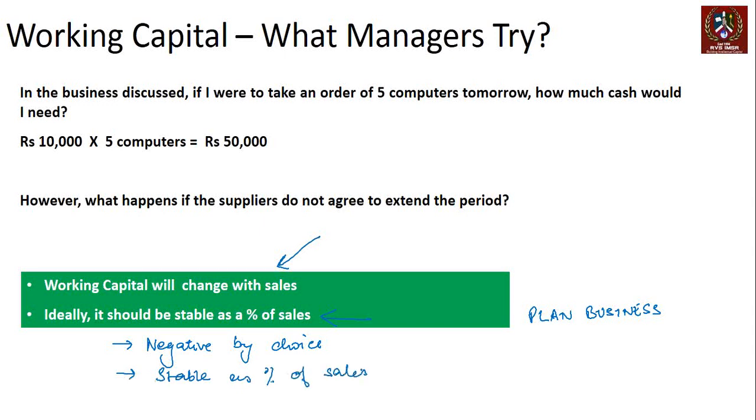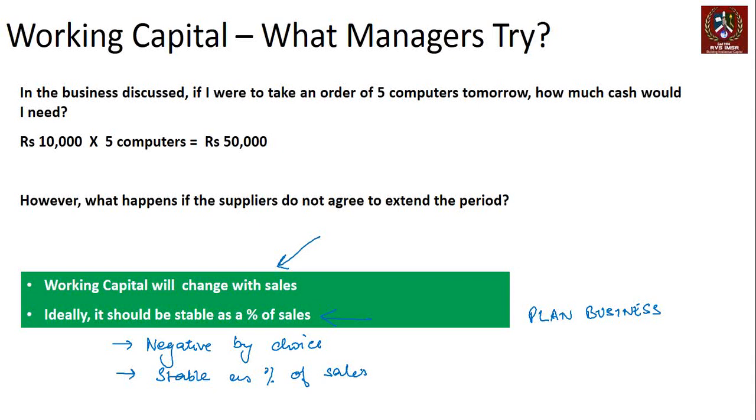So you want negative working capital, but some businesses don't give that option. If that doesn't happen, then at least as a percentage of your sales value, you should have working capital that is moving around that. If sales increase, inventory, receivables, payables, everything is expected to increase. If sales don't increase, all this is not expected to increase, right?